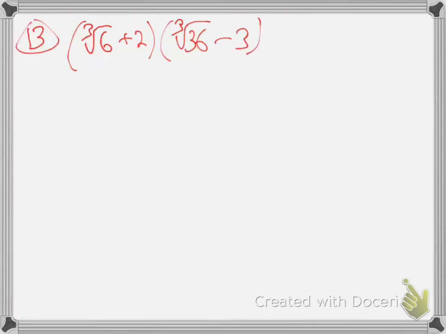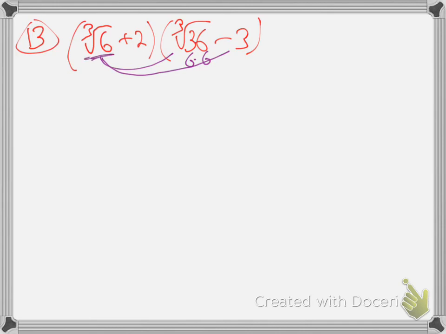Okay, so we're on number 13. We've got to distribute this, FOIL this out. So this guy's going to go boom and boom. Now, as we go, remember that 36 is 6 times 6, so it already has two 6's inside.